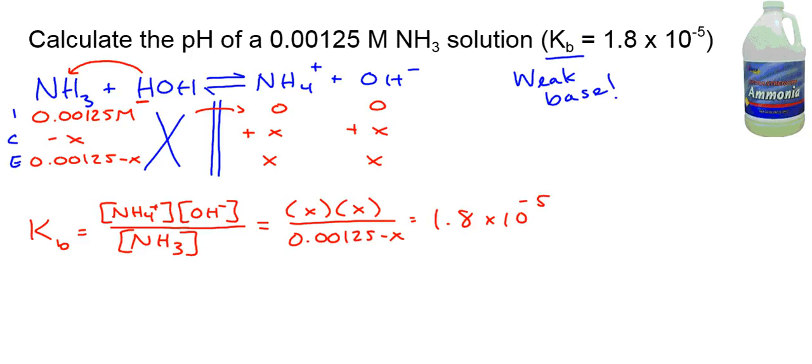Here is one major issue, is that this is not 100 times greater. I'm a little worried of what this value is going to be. So if I do solve for x right now, I get 1.5 times 10 to the negative fourth.